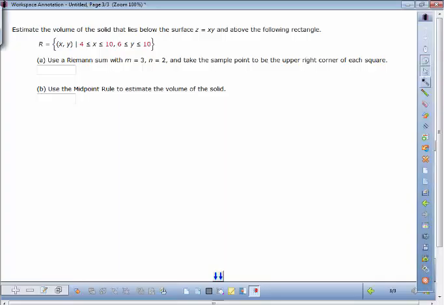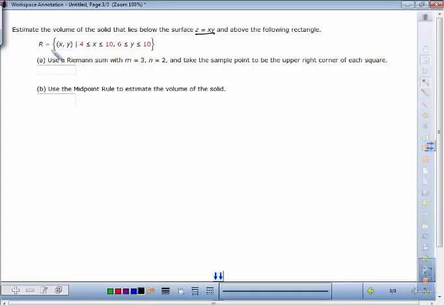So we have a surface. z is equal to x times y is our surface. And then we have a region, so they call it R. R, not the real number R, like the ones we use for the set of real numbers, but just a plain type set R that says your x values go from 4 to 10 and your y values go from 6 to 10. Okay?